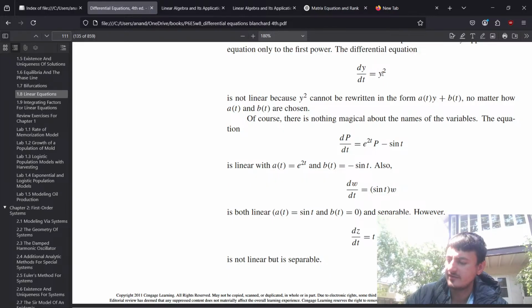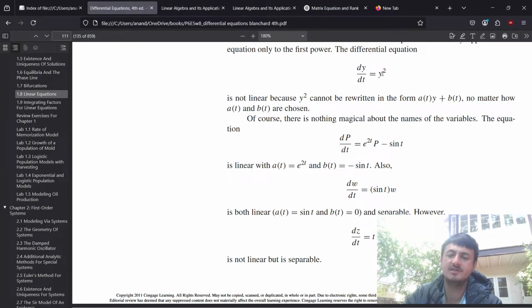We apply f to that and check if it equals a times f of x plus b times f of y. On the left-hand side, we get (ax plus by) all squared. We check if that equals a times x squared plus b times y squared, and no, it's not. So this is nonlinear.